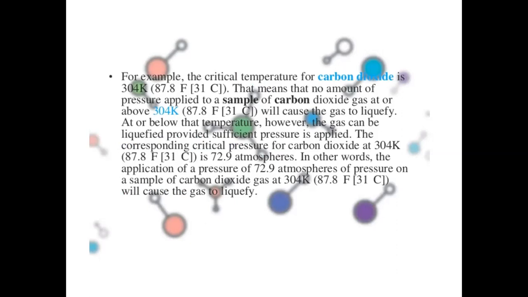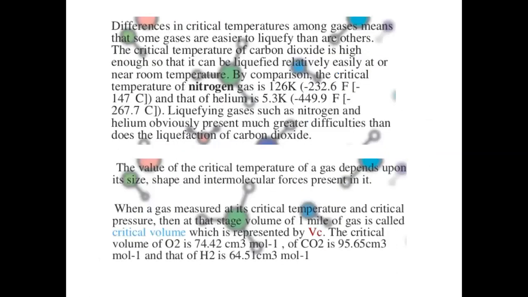So these are very particular terms you must know. Next, the difference in critical temperature among the gases means that some gases are easier to liquefy than others. The critical temperature of carbon dioxide is high enough so that it can be liquefied relatively easily at or near room temperature.